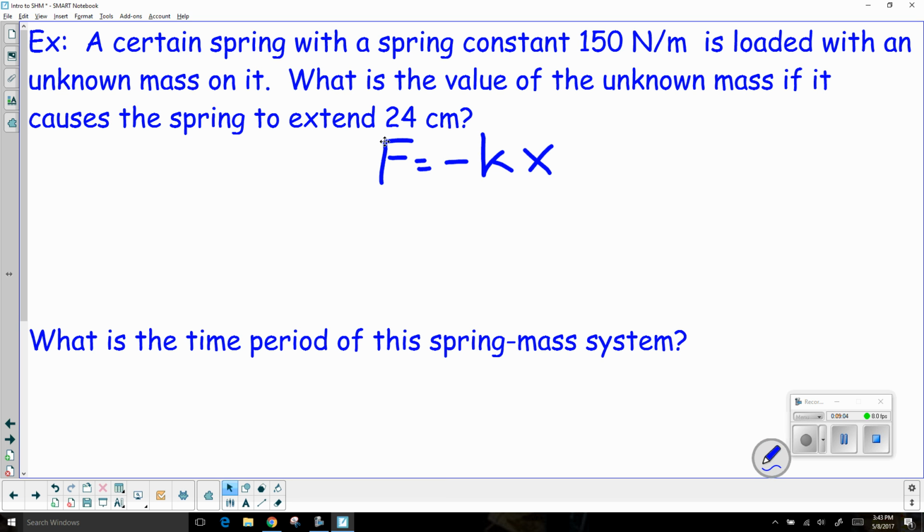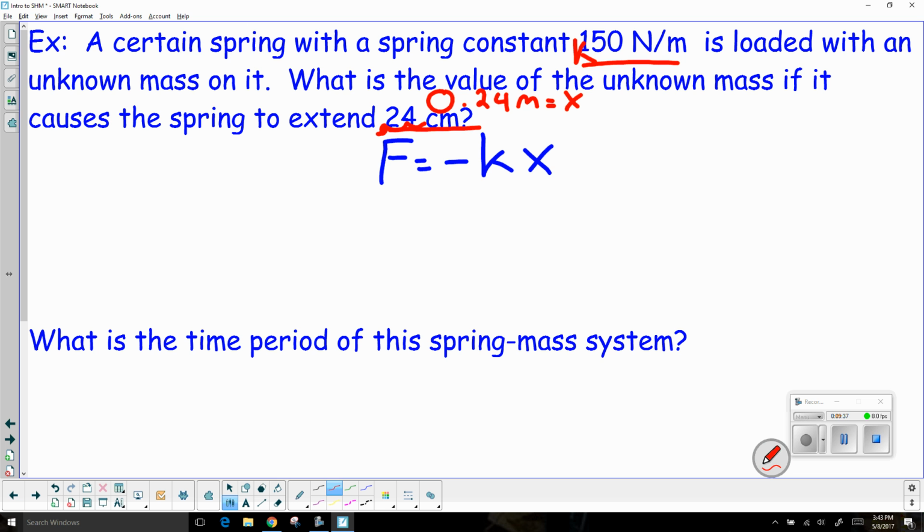So looking at my example problem, I see my spring constant here is 150 newtons per meter, so I'm going to call that k. And I've got a spring to extend 24 centimeters, so that's the change in stretch of the spring. I do have to change that to meters, so that's two decimal places over, or 0.24 meters equals x.